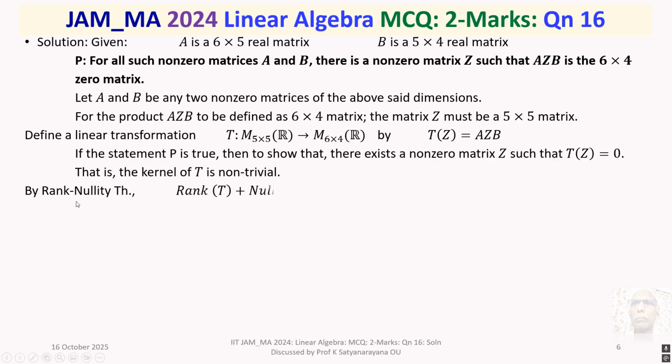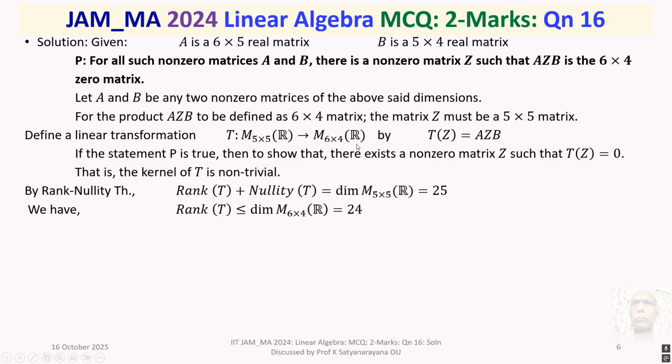We use the Rank-Nullity Theorem. Rank of T plus nullity of T is equal to the dimension of the domain space. The domain space is M 5 by 5 over R. What is the dimension? The dimension is 5 into 5, that's equal to 25. And what could be the rank? The rank will not exceed the dimension of the codomain space.